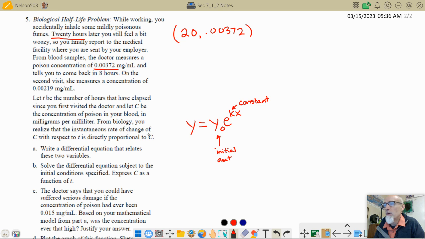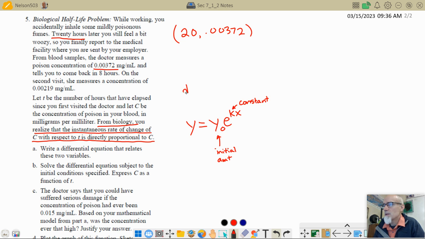And just to reiterate, right down here is another key piece of information where it says, from biology, that the instantaneous rate of change of the concentration level with respect to time is directly proportional to C. What does that mean?